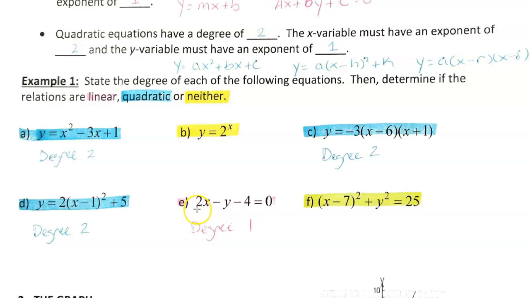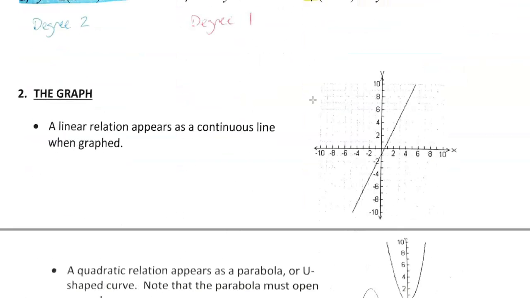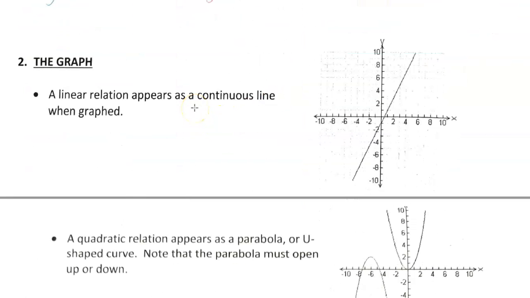Okay. This guy is in standard form. All of the x and y variables have exponent 1's, and so it's a degree 1. I guess that pink didn't show up very well when I scanned it, but it is this guy right here. So it's a linear. Okay, and that's how you can categorize them as linear, quadratic, or neither just based on the equation. Now, based on the graph is obviously much easier because you can visualize it.